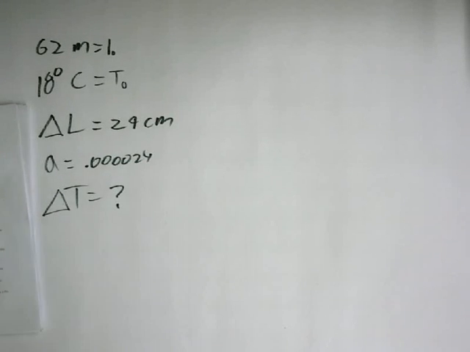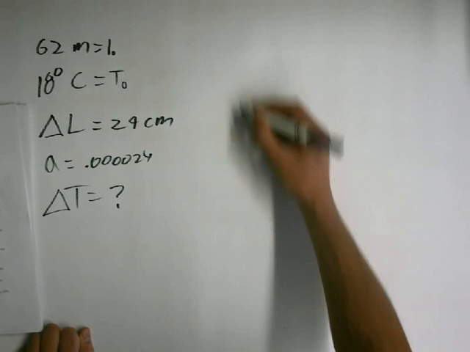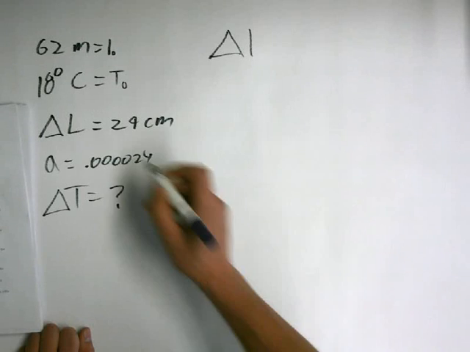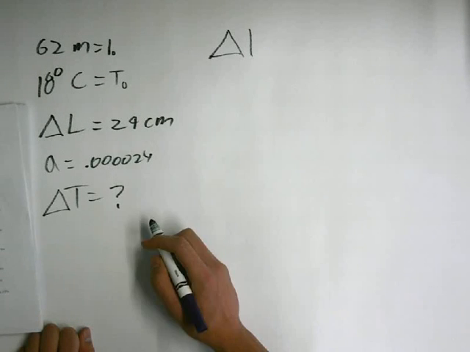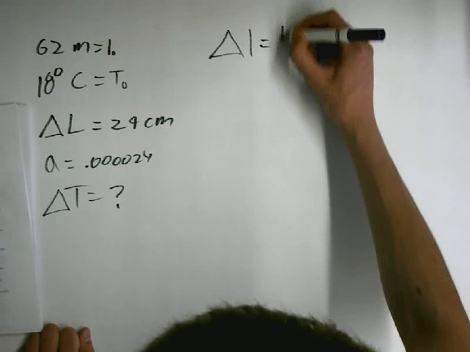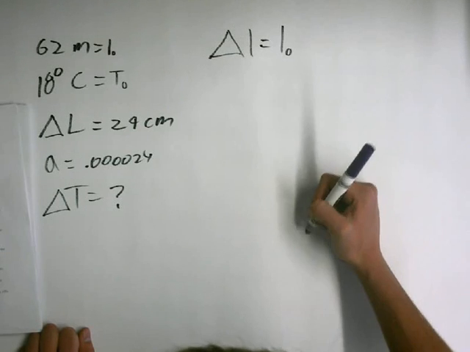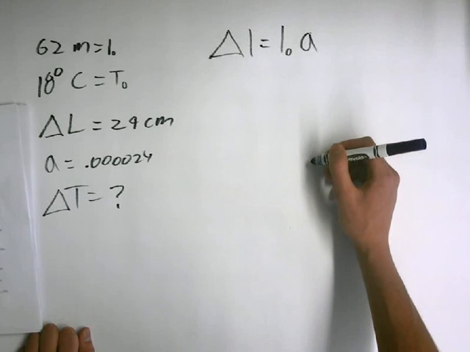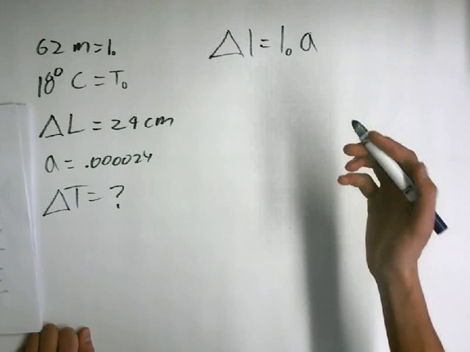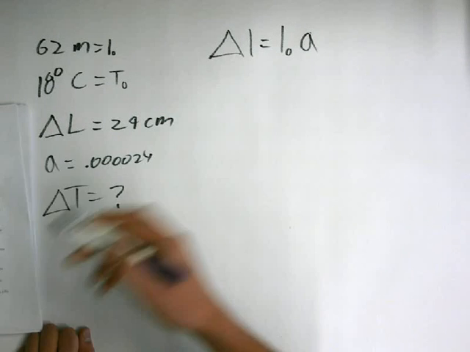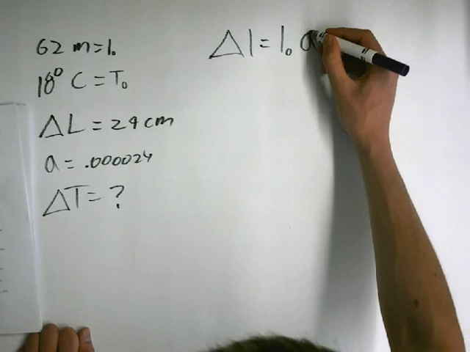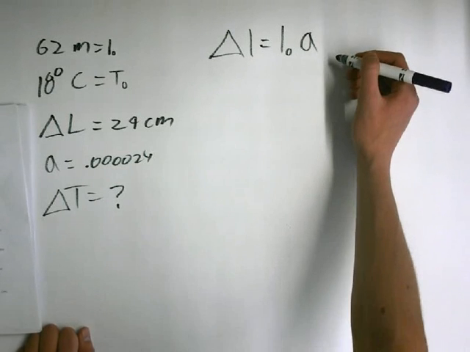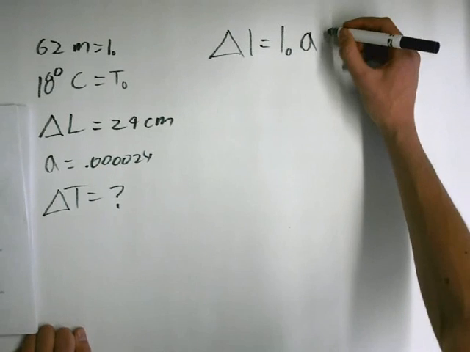Change in length, delta L, is equal to the original length times the coefficient of linear expansion times the change in temperature, delta T. I'll have to look up the coefficient. Sorry, guys, it's on the physics website. Oh, there it is.